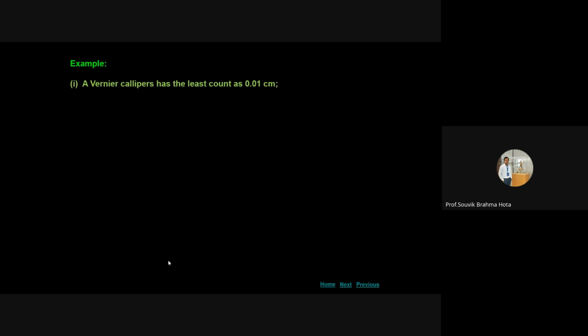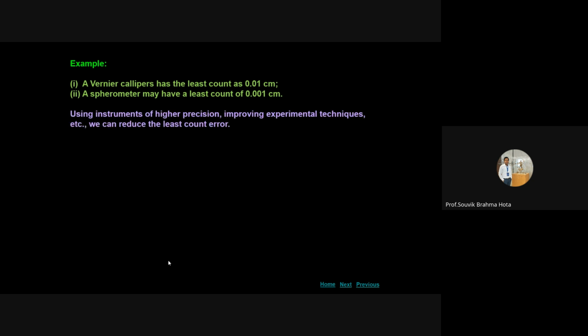Vernier caliper has least count of 0.01 centimeter, whereas spherometer having a least count of 0.001 centimeter, so having more resolution. So using instrument of higher precision, improving experimental technique, you can reduce least count error. See, more decimal places, you know this 0.001, so you have three places, and 0.01 two places.